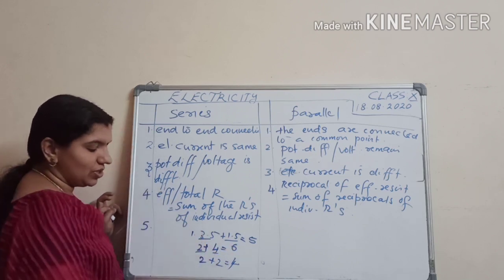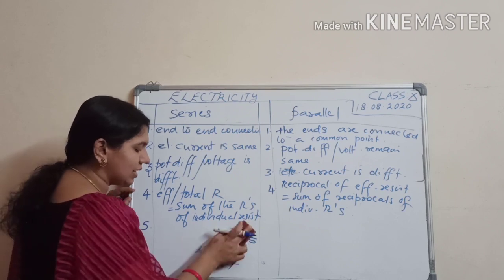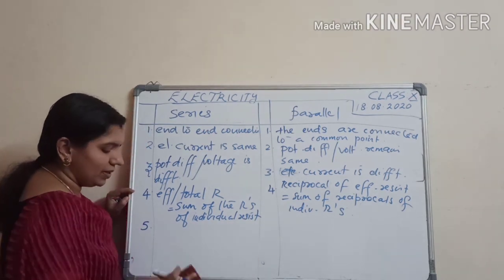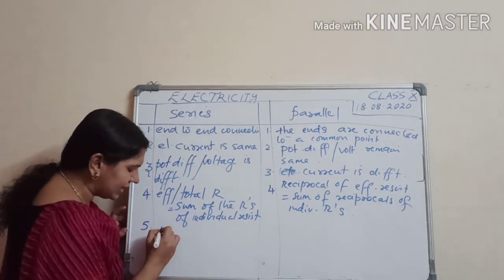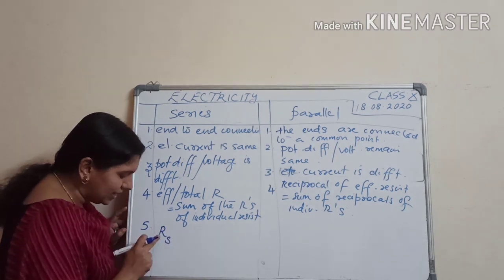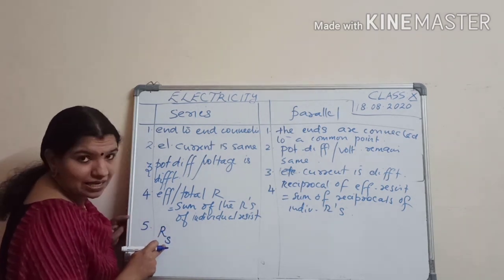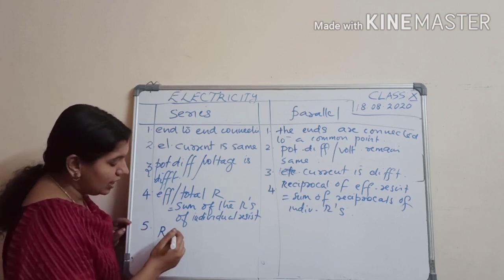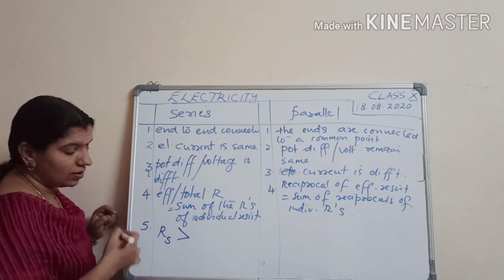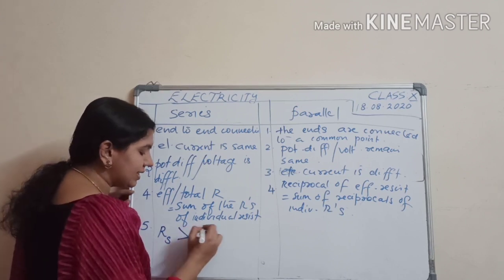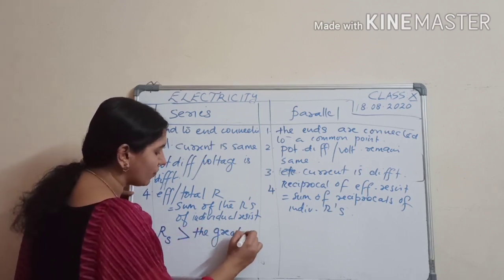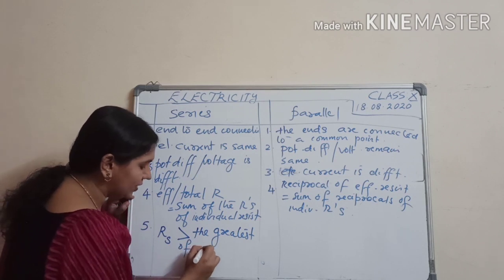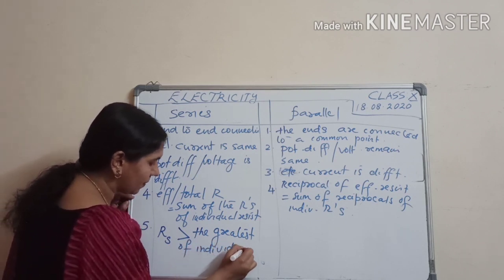So I can say in general, the effective resistance in series combination, I will write like RS, is always greater than the greatest of the individual resistances.